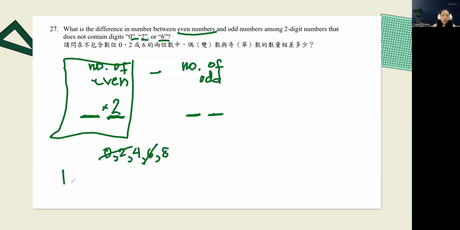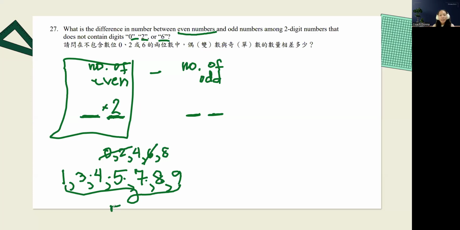So the possible numbers are 1, we can't use 2, we have 3, we can use 4, 5, we can't use 6, we have 7, 8, and 9. So that's 1, 2, 3, 4, 5, 6, 7, 7 numbers that we can use. So that's 7 times 2, which is equal to 14. So there are 14 even numbers.